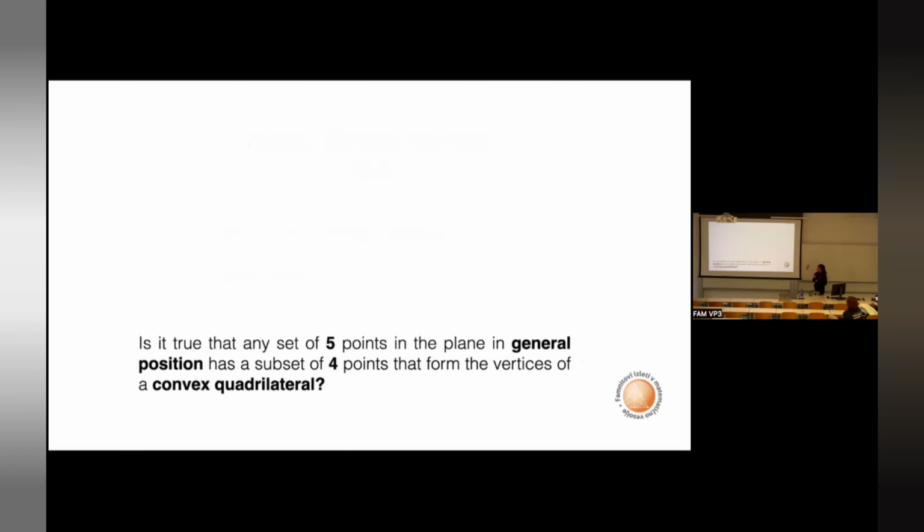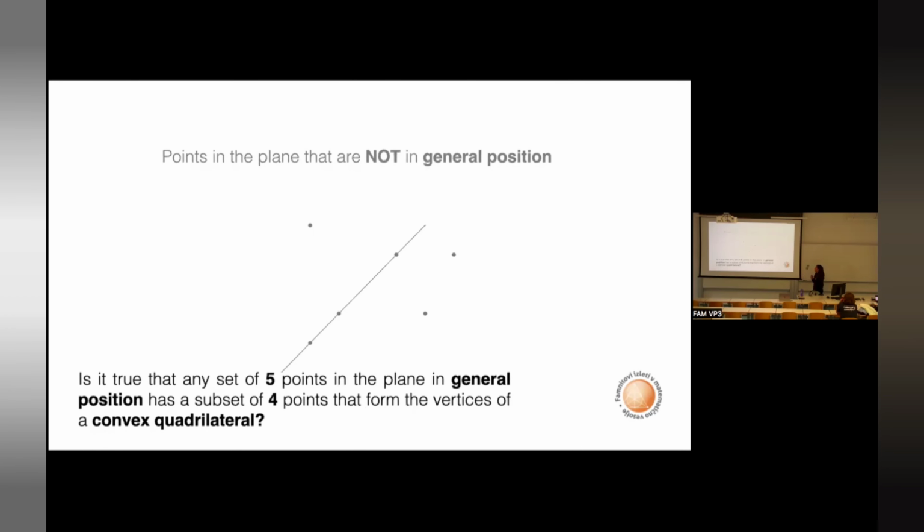Don't worry, I will tell you informally what general position means. It means that I don't have 3 points on one line. These points are not in general position, because these 3 points are on a line. So this is not what we want. We want 5 points that are in general position.